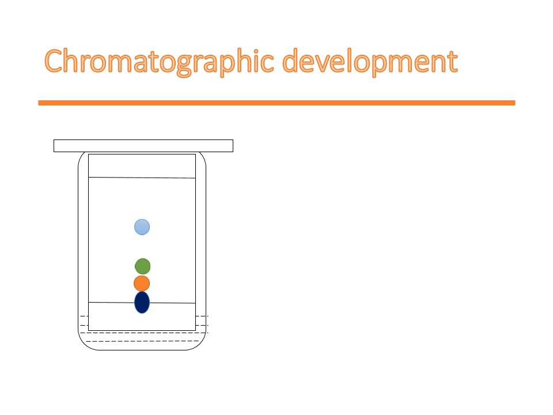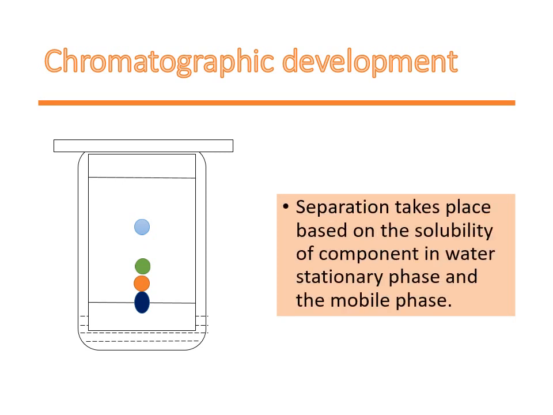On the other hand, the component which is denoted with blue color might be having lesser solubility in the water, so it travels a further distance in the mobile phase, and that is why the separation is totally based on the solubilities of the components in the water and the mobile phase which is employed in the development.